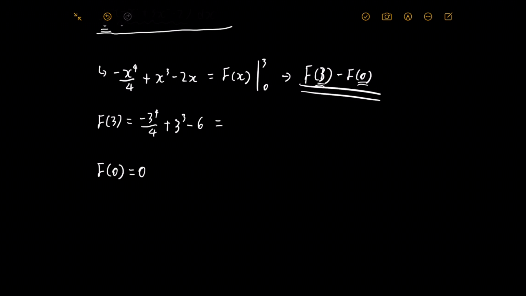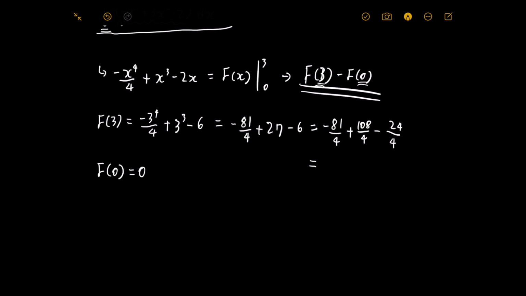This is equal to negative 81 over 4 plus 27 minus 6. And this is again equal to negative 81 over 4 plus 108 over 4 minus 24 over 4.